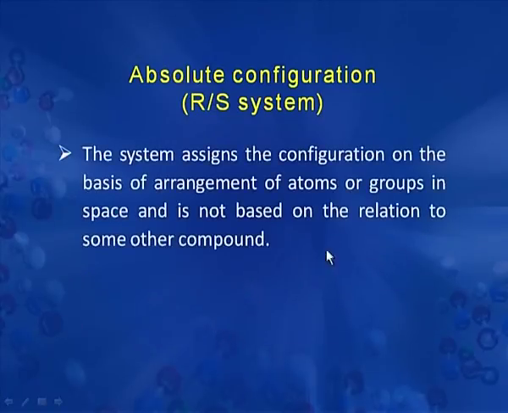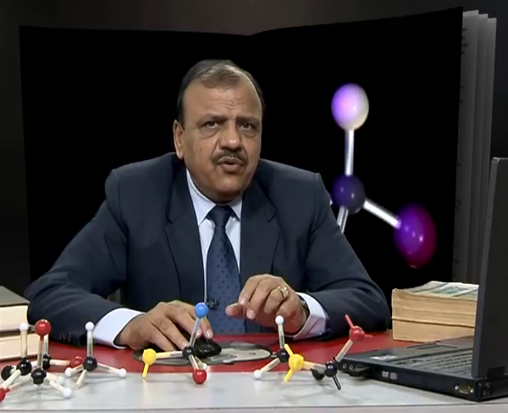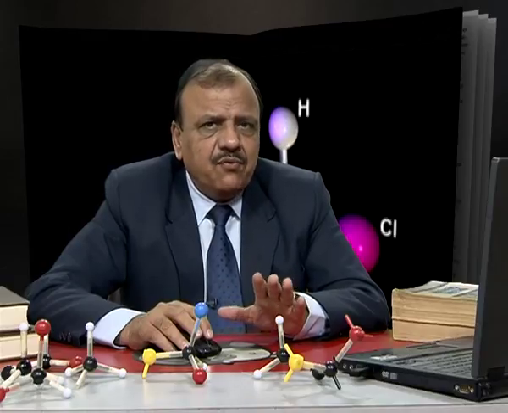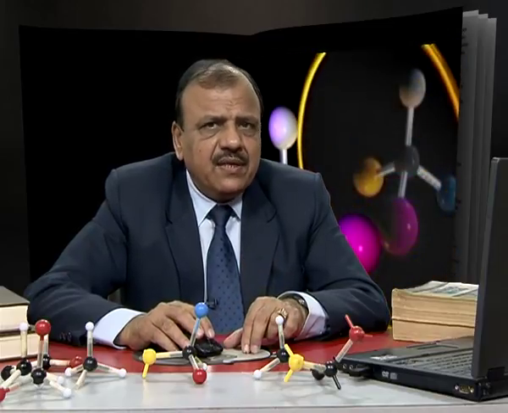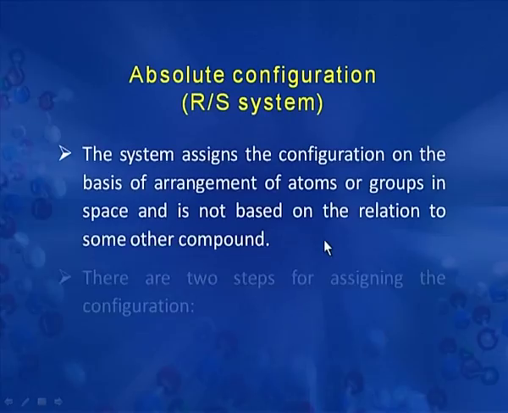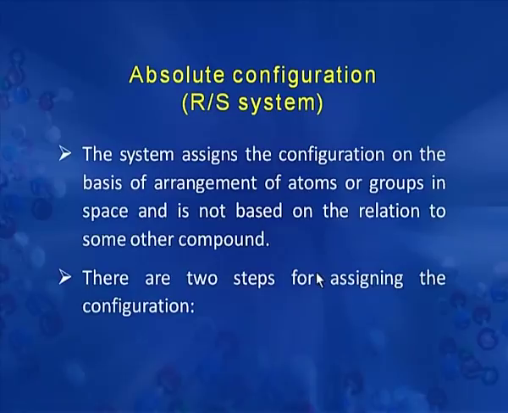But this system, as I said, is based on the actual arrangement of atoms, and if we say this isomer has the R configuration, we are able to write the configuration. And if the configuration is written in Fischer projection, sawhorse projection or in any form, we can determine whether it is R or S. For assigning configuration by this method, there are two steps.